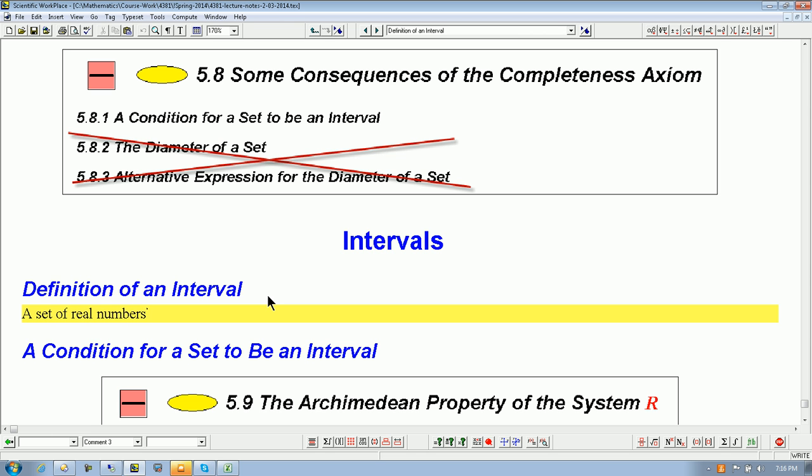By the way, I want to give you a little bit of convention. If we ever talk about the set of real numbers, it's understood that we mean the set of all real numbers. But if we say, using the indefinite article, a set of real numbers, we mean any old set whose members are all real numbers.